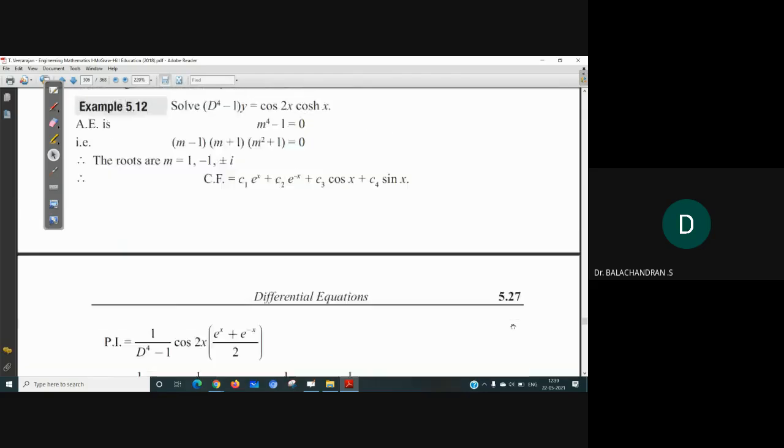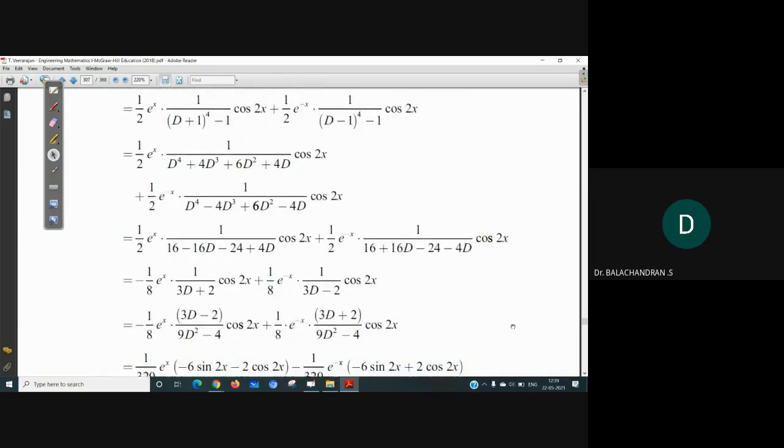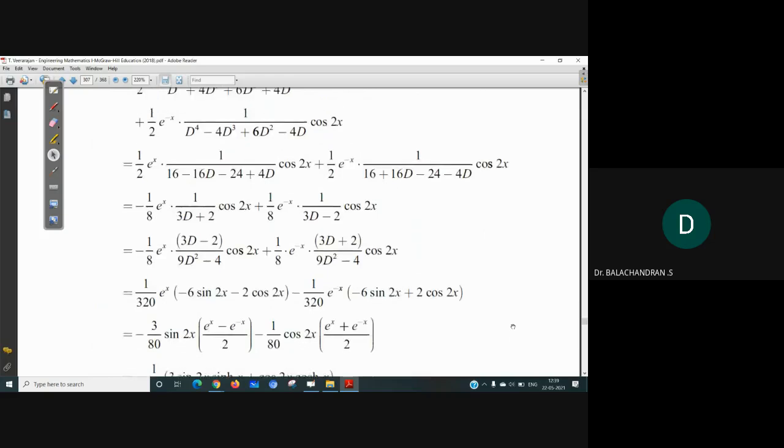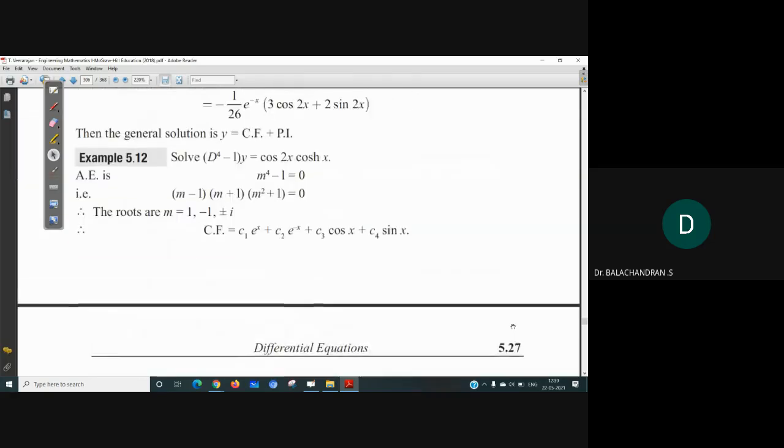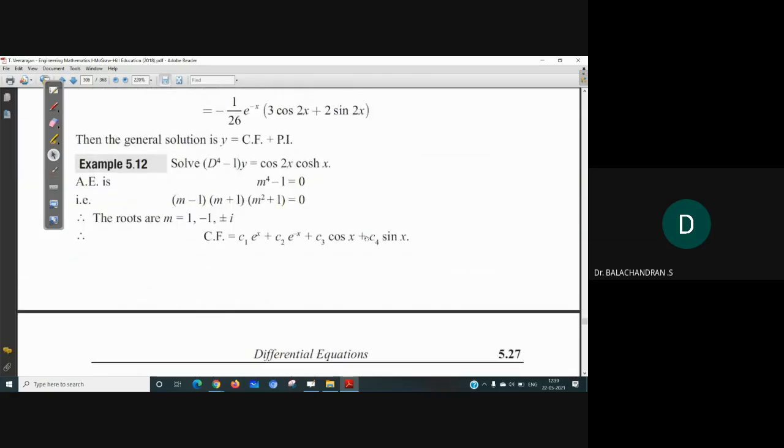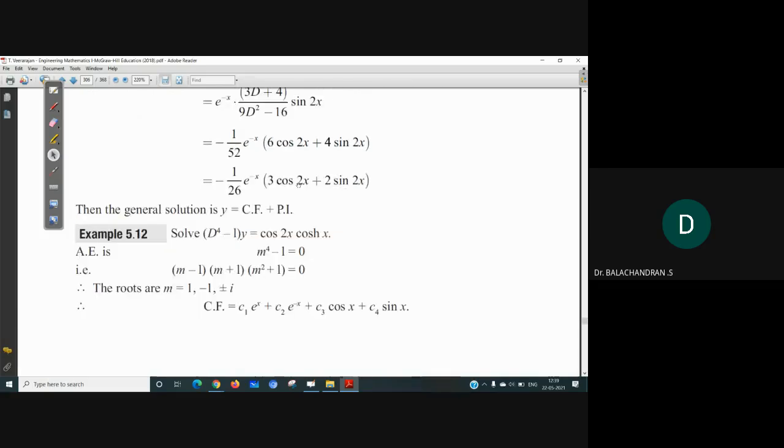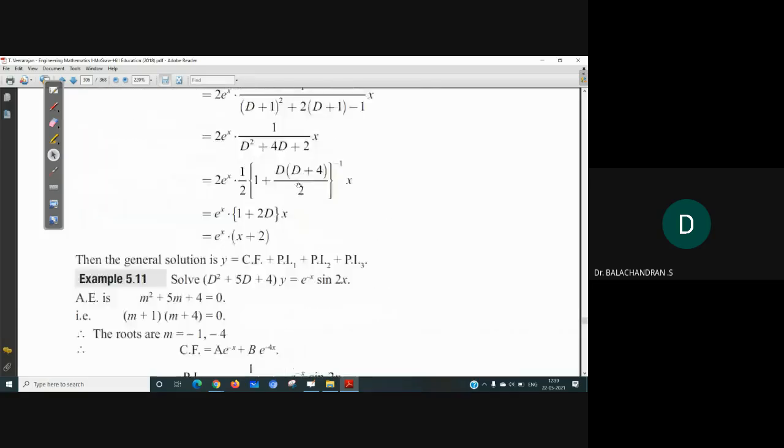You can also try this problem; it is somewhat interesting: D power 4 minus 1. Try this one.